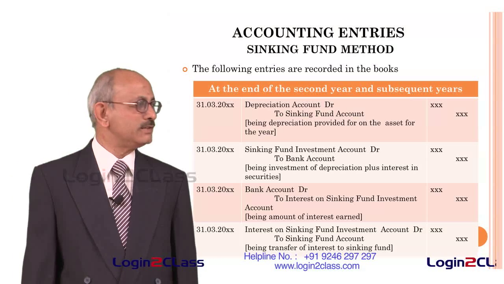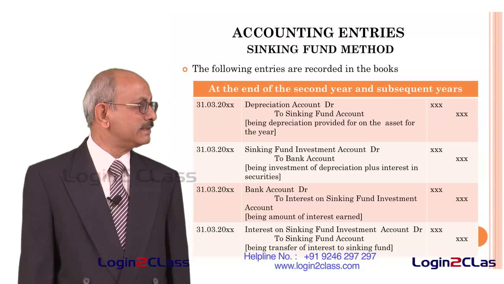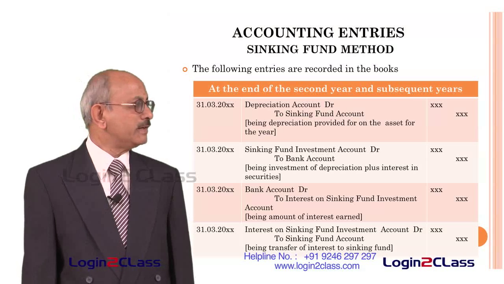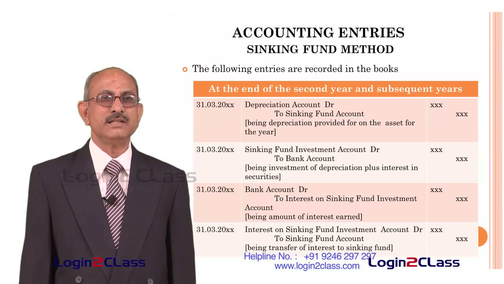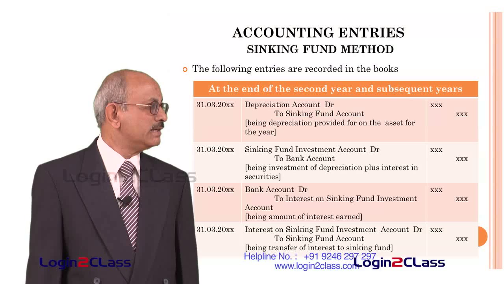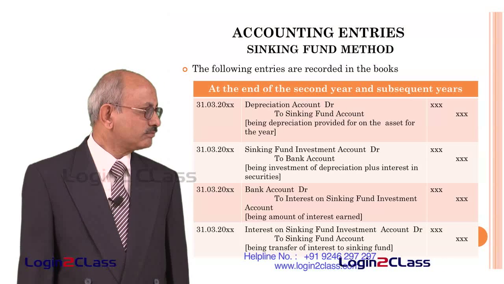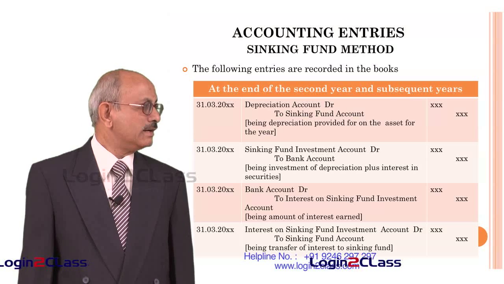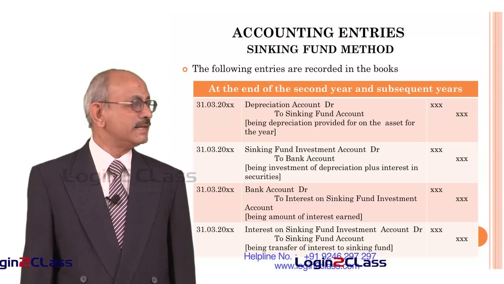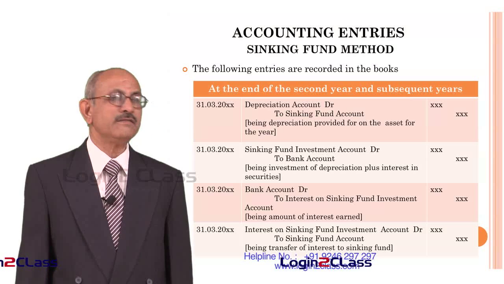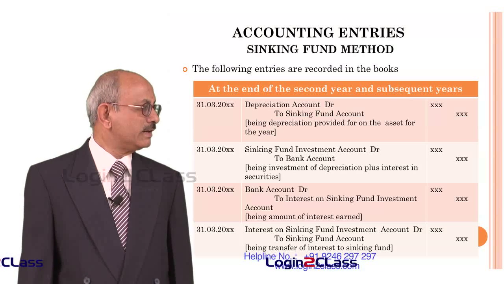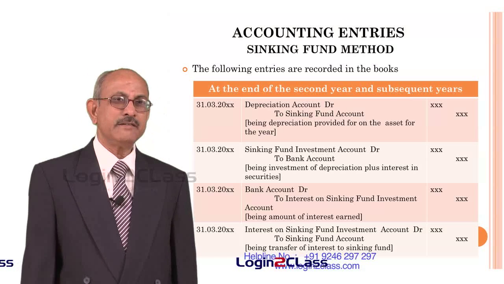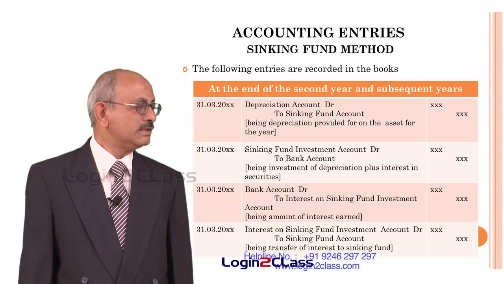But the only difference, as you notice in the second transaction, is that in addition to whatever depreciation is calculated for the second year, whatever interest has been earned on the securities invested in the first year is also transferred to the sinking fund investment account, and the bank account is debited, and the interest on sinking fund account is credited. And finally, interest on sinking fund account is debited and sinking fund account is credited. That is, the interest on the sinking fund investment account is transferred to the sinking fund.